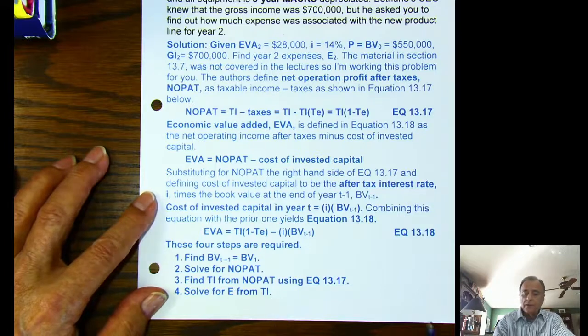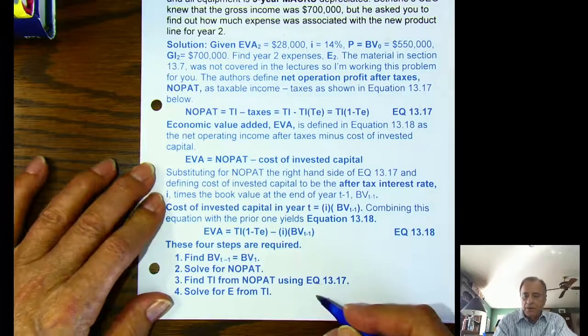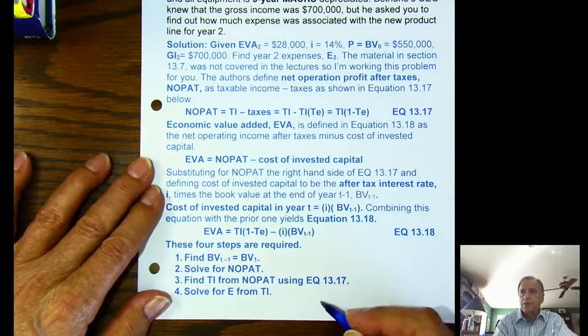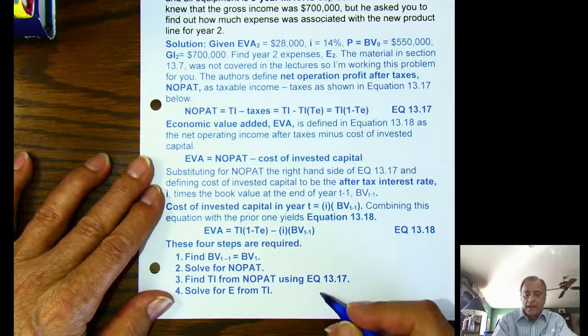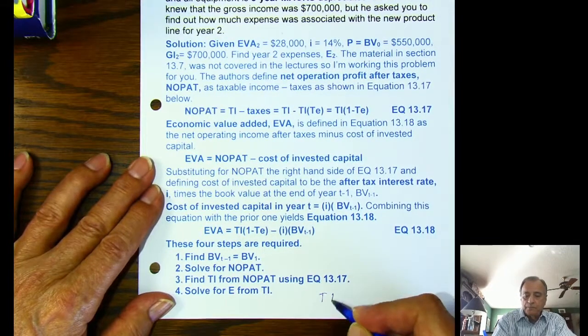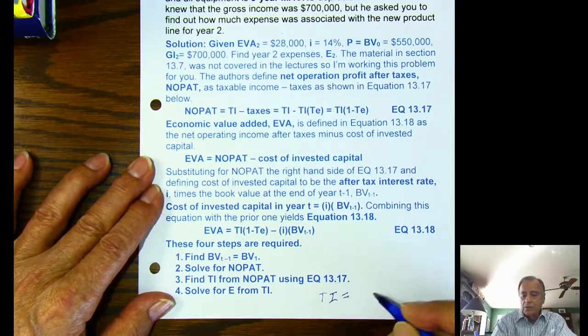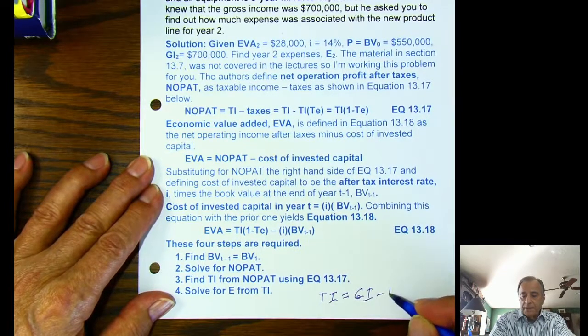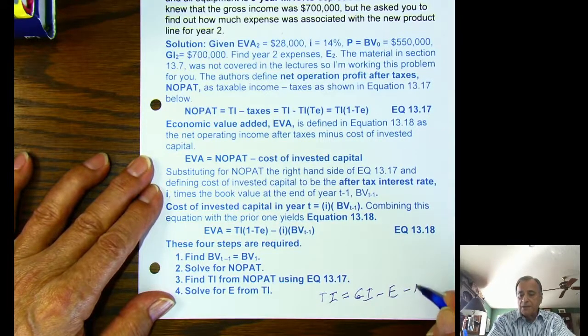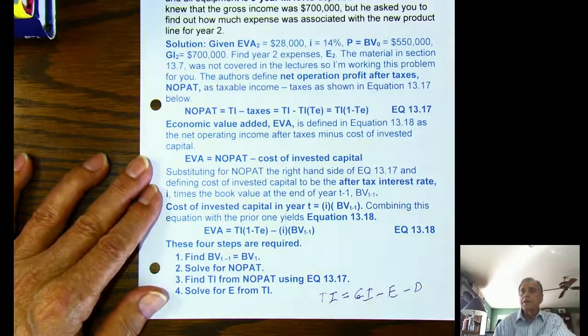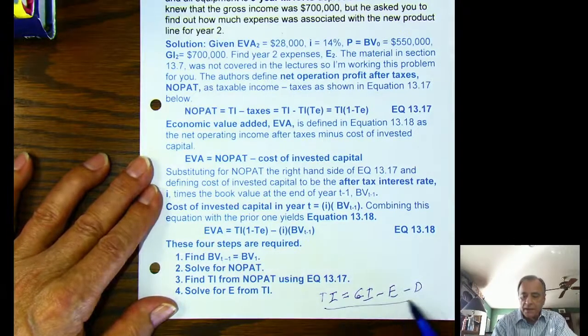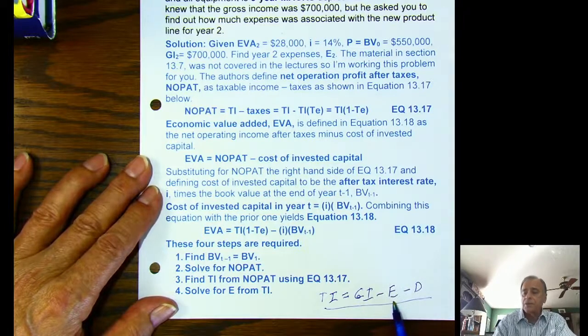And recall from the sections that we did cover early in chapter 13 that taxable income is equal to gross income minus the expenses minus depreciation. Okay, so that is an equation that we'll solve, but we're going to solve it for the expenses.